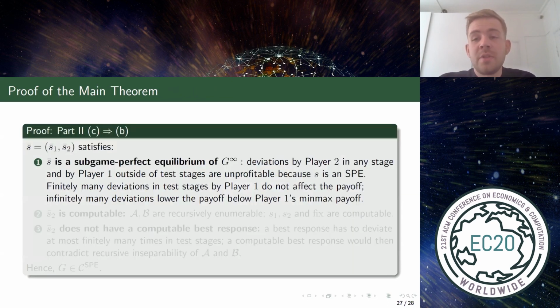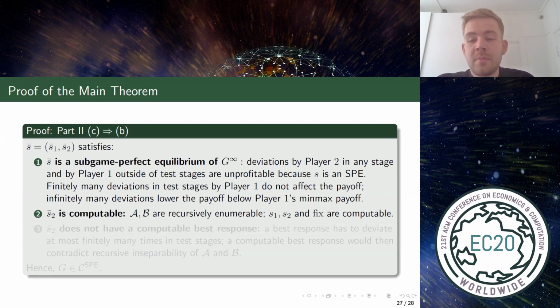Why does this construction work? In short, S bar is a subgame perfect equilibrium because S is a subgame perfect equilibrium by the Folk theorem, and one can show that deviations in the test stages are unprofitable. The strategy of player 2, S2 bar, is computable. That comes from the fact that the sets A and B are recursively enumerable, and the strategies from the Folk theorem and also the map fix are computable.